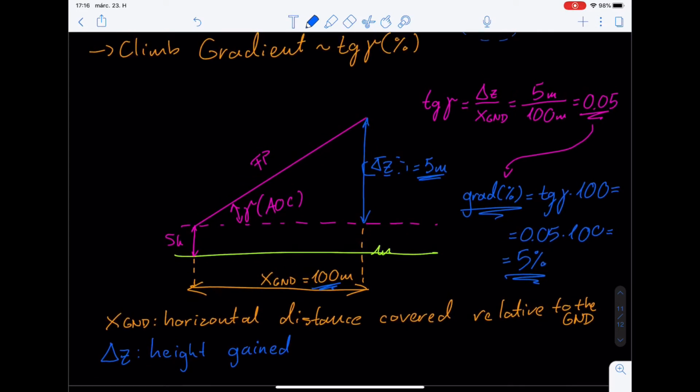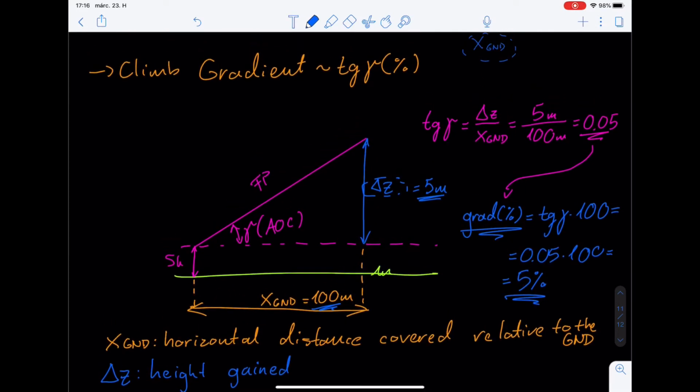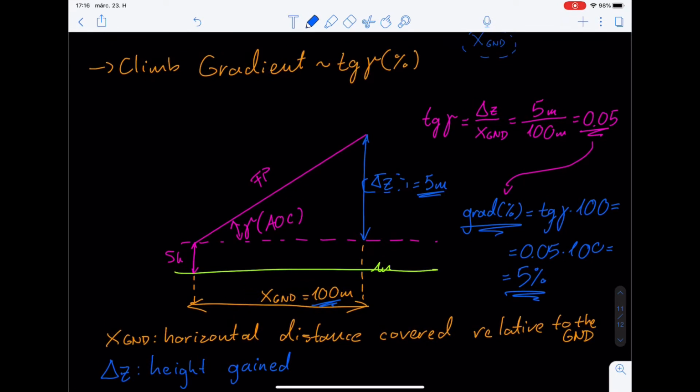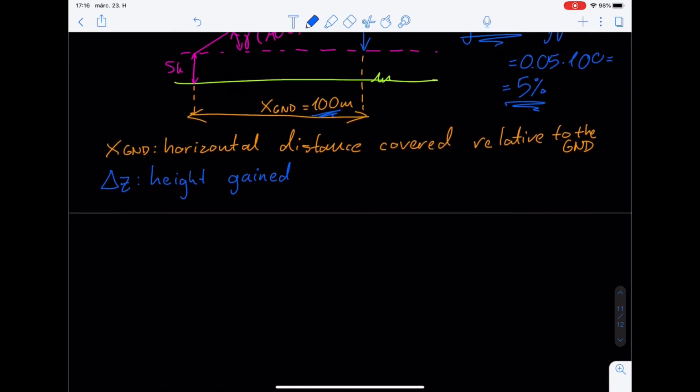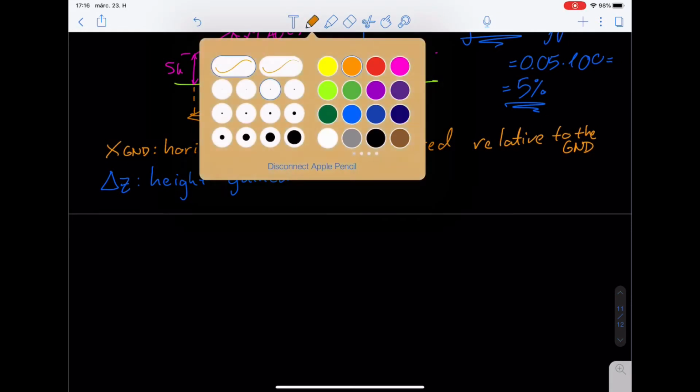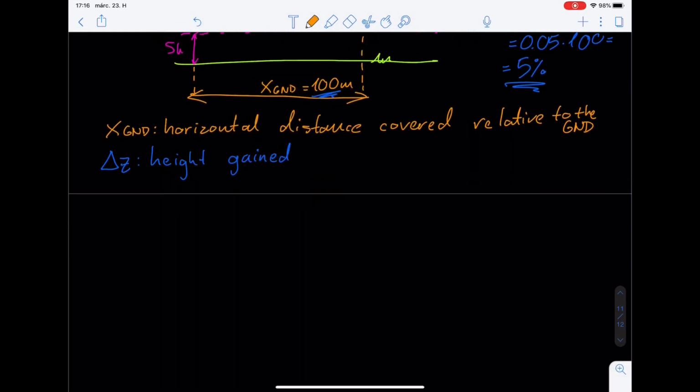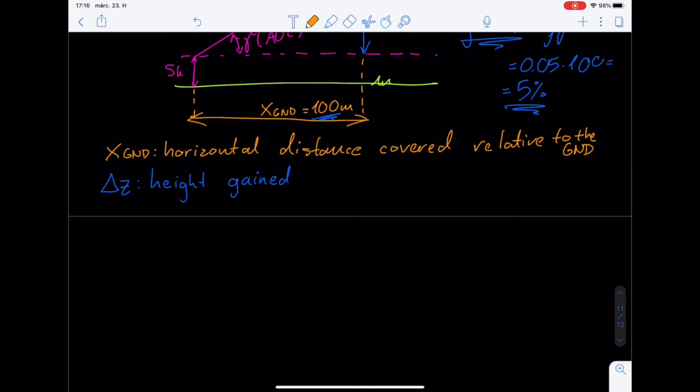Why is that interesting? Because generally speaking, this is more interesting in instrument flying. Because in instrument flying, we have what is known as standard instrument departures and standard terminal arrivals.